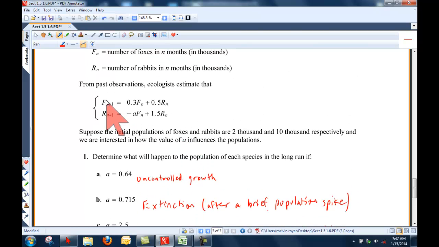If you come back here and solve a system that says f bar equals 0.3 f bar plus 0.5 r bar, and r bar equals minus 0.7 f bar plus 1.5 r bar, you will actually find out that this system has a solution to the 210 that we found.